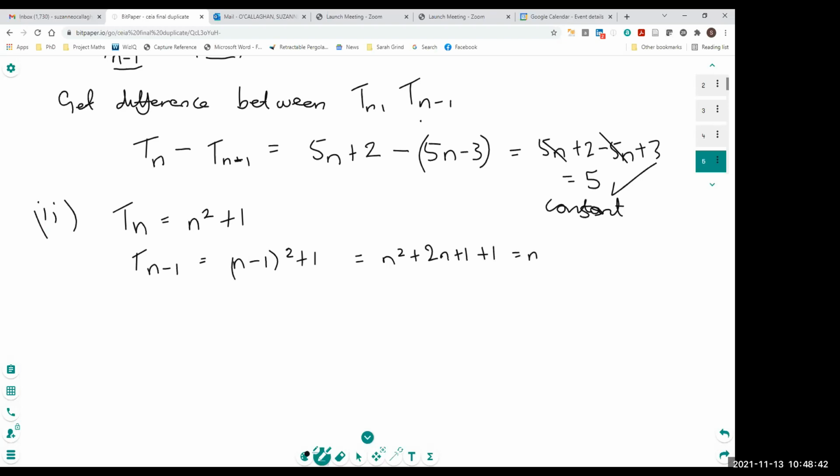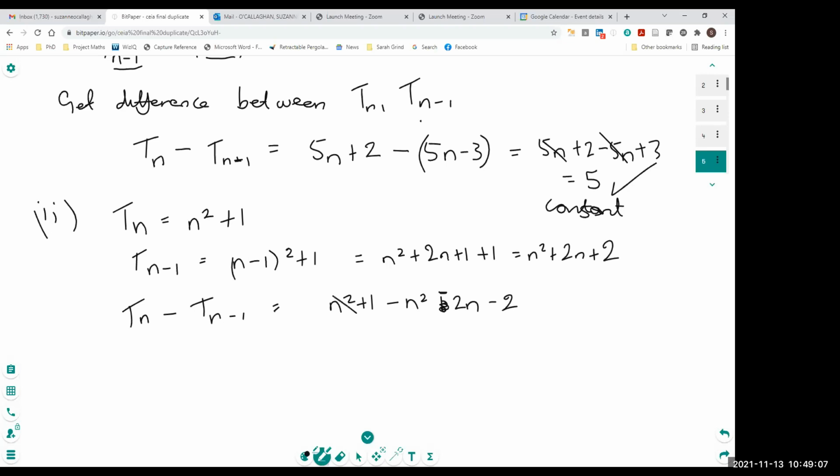That's equal to n squared minus 2n plus 2. So we do again u of n minus u of n minus 1. So that's equal to n squared plus 1 minus n squared plus 2n minus 2.